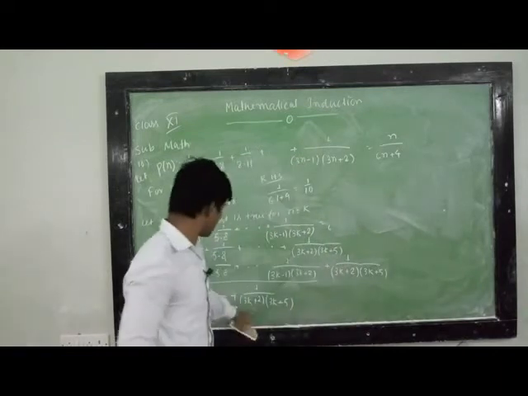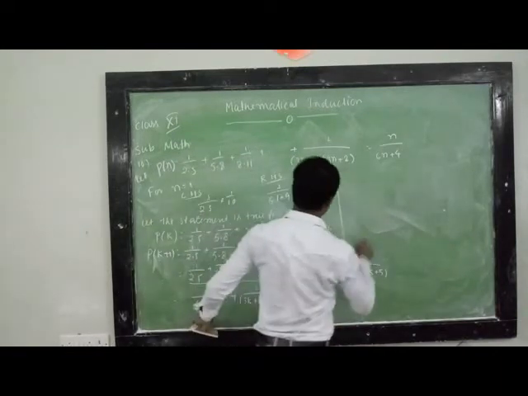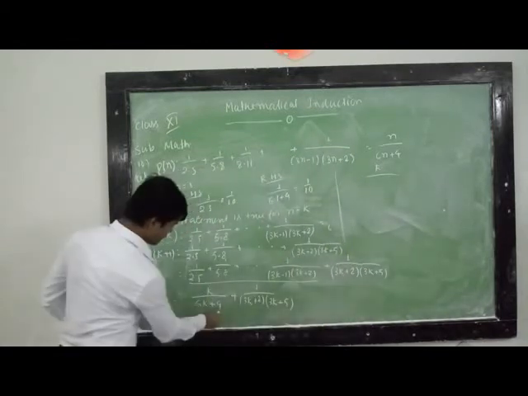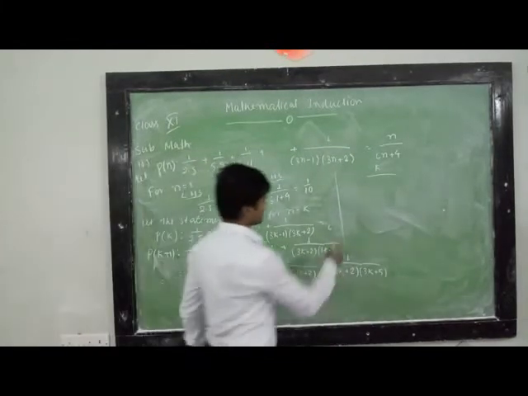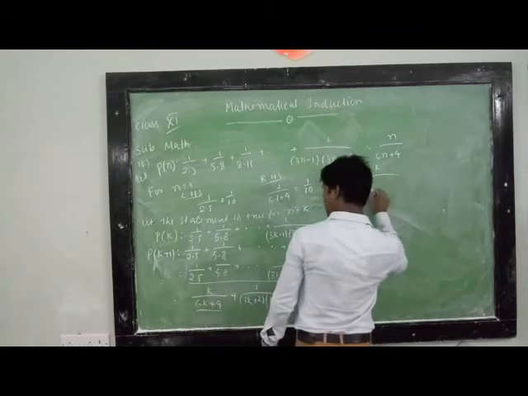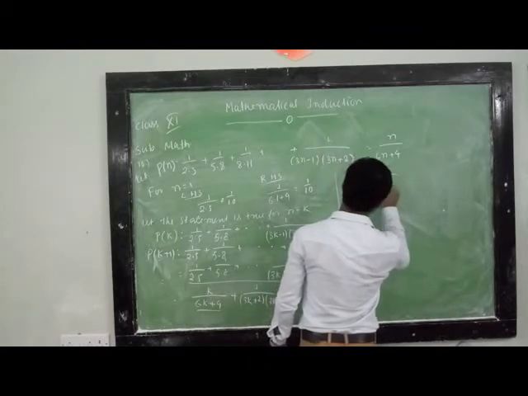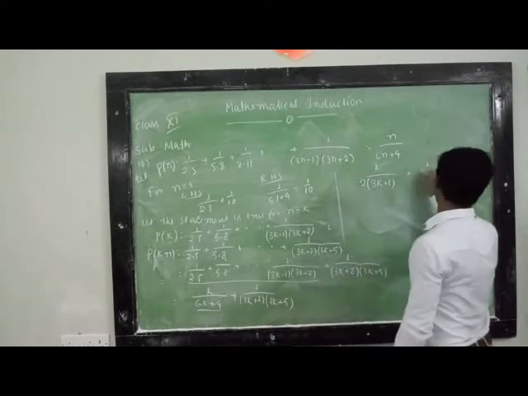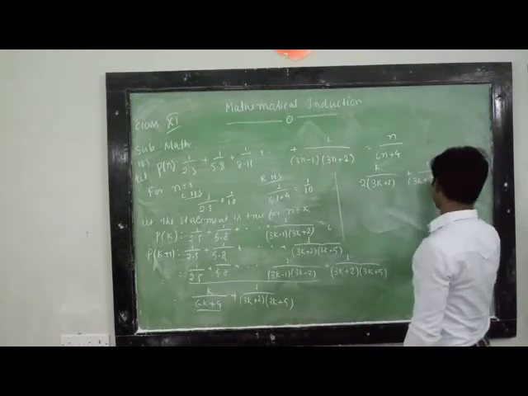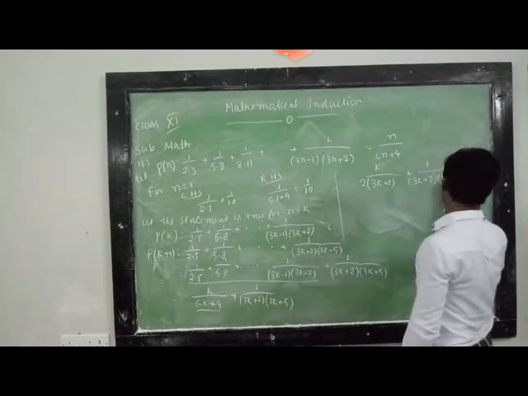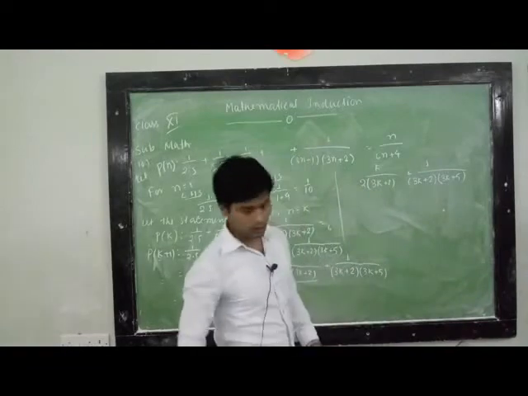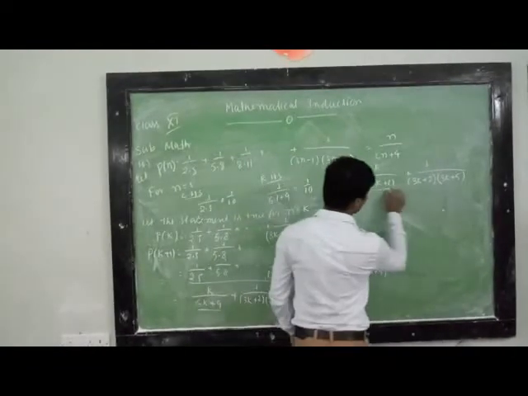So we rewrite it again. So k by, look, from here we can take 2 common. If I take 2 common, it will be (3k plus 2), and the last term is here 1 by (3k plus 2) into (3k plus 5). Now look, we can take (3k plus 2) common.